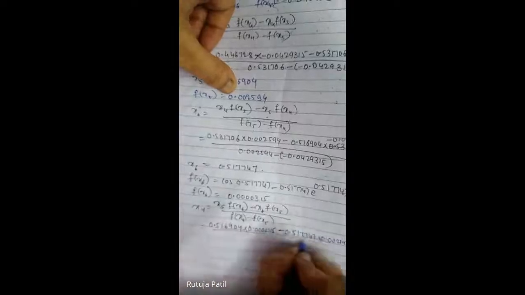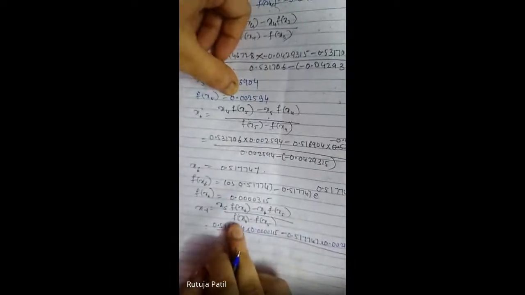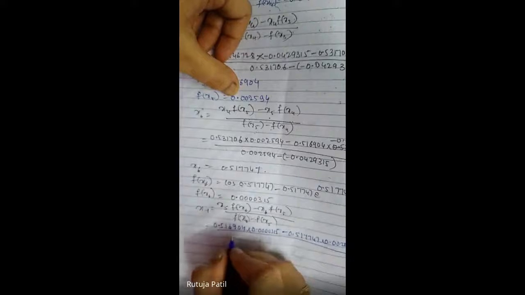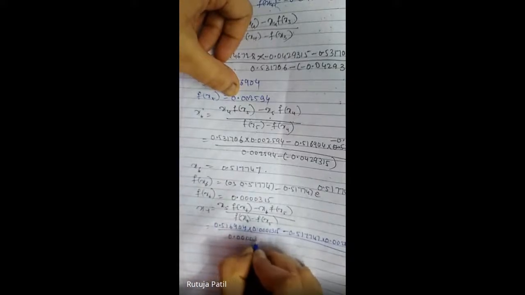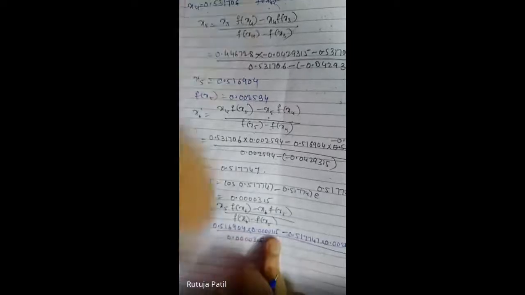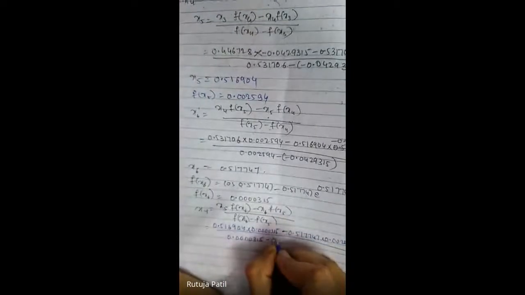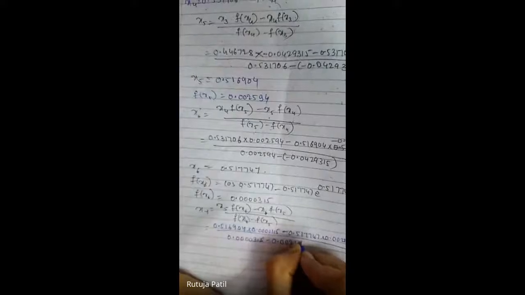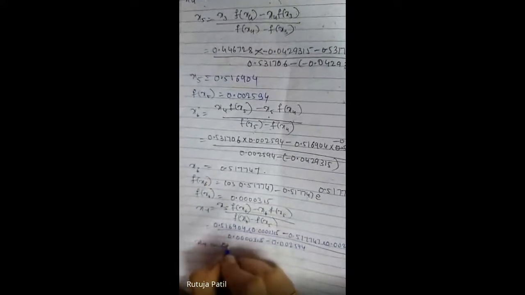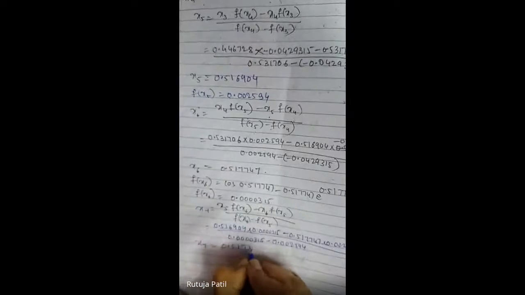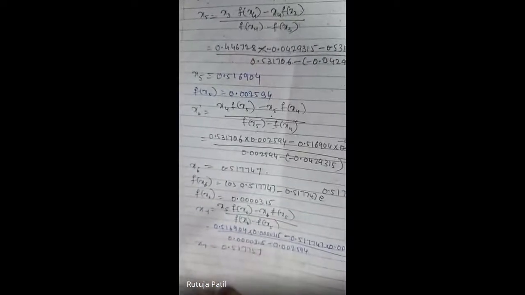Okay, and then divided by f(x6), this one, 0.000315, minus 0.002594. So if you calculate, then you will get x7 as 0.517757.